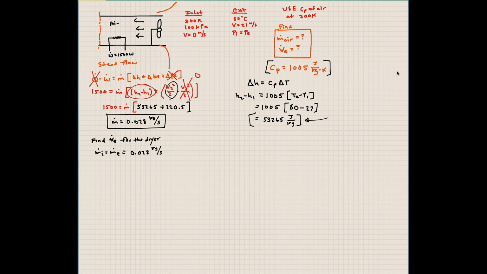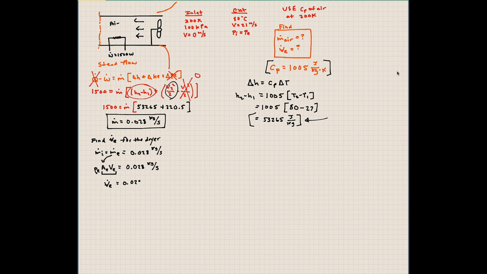So if we expand mass flow rate at the exit, this is density at the exit, area at the exit, velocity at the exit, equals 0.028 kilograms per second. Density at the exit, we don't know, and we can combine area and velocity to be volumetric flow rate at the exit.